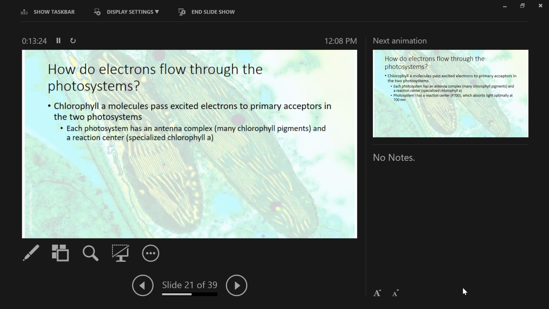Within these photosystems, we have this complex called the antennal complex. And within this antennal complex, it's just packed full of chlorophyll. And chlorophyll, again, it's absorbing sunlight. And then we've got a very special chlorophyll A in the middle of that antenna complex, and it's called the reaction center.